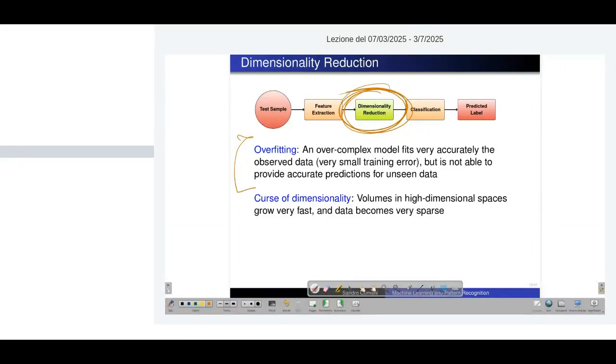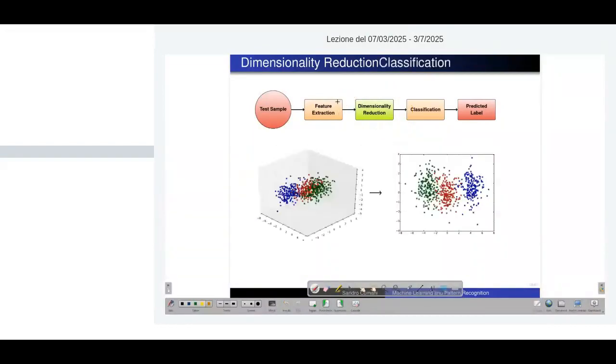So if we are able to squeeze down the size of the input, then our classifier will have fewer parameters, will be less free, and therefore it will have less chance to find useless feature patterns that appear only in the training set but do not generalize to unseen data.